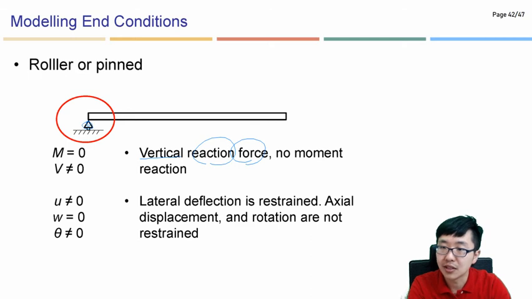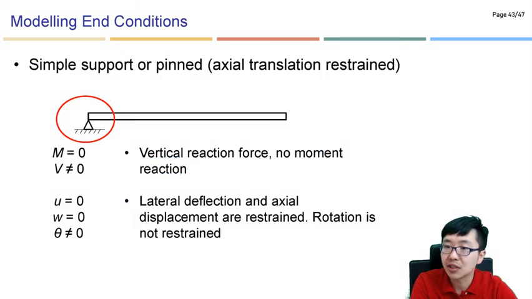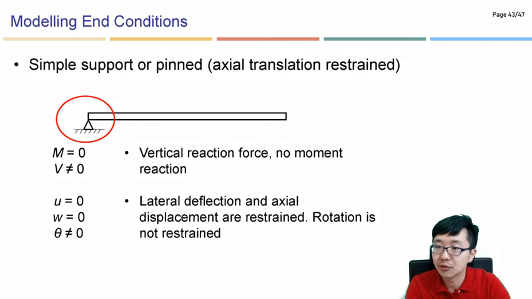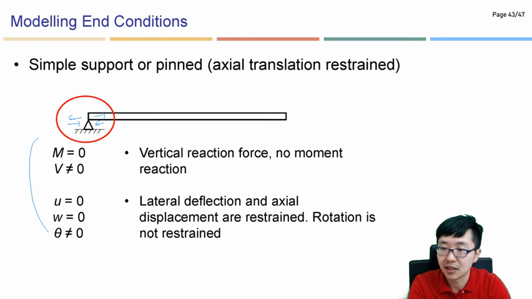We hold it, and here is the roller, so we can move those two, but this way movement is not allowed. No moment, because this is simply supported condition like the roller. And lateral deflection is restrained. And simply supported condition, you can see that this is not the roller, which means that we can't move like that.